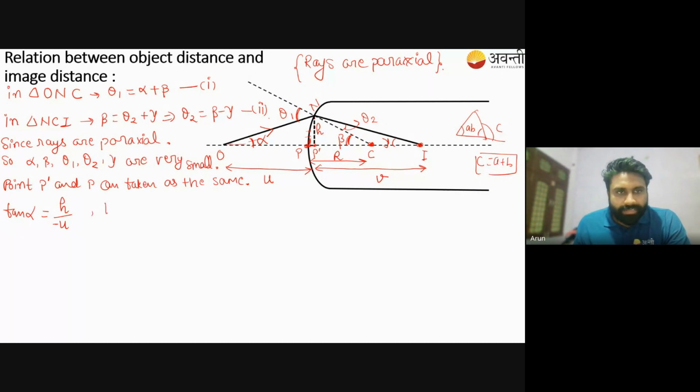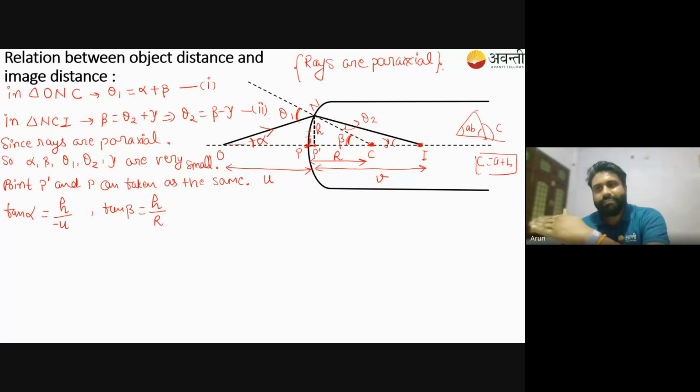What is the value of tan beta? Tan beta is nothing but H over R, as we apply it in triangle NPC. R is taken as positive because it is measured in the direction of the incident ray. And what about tan gamma?